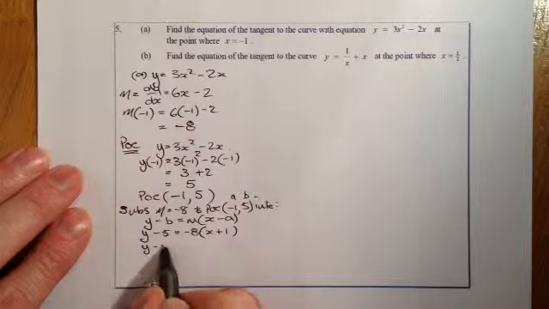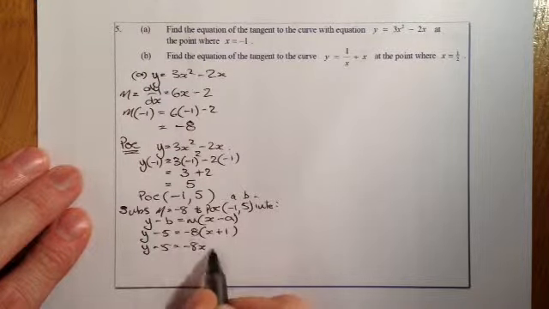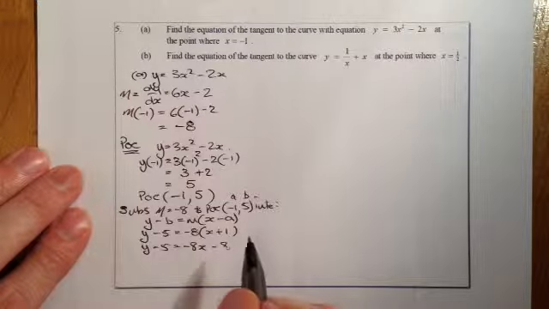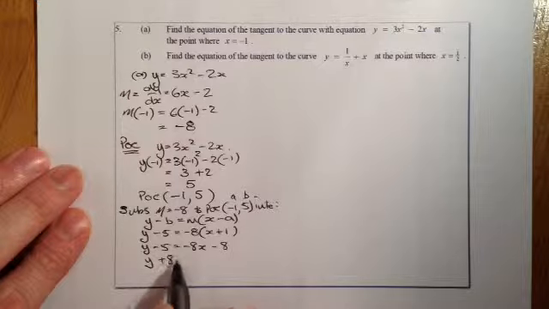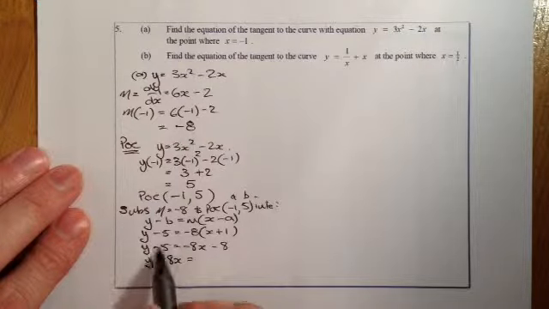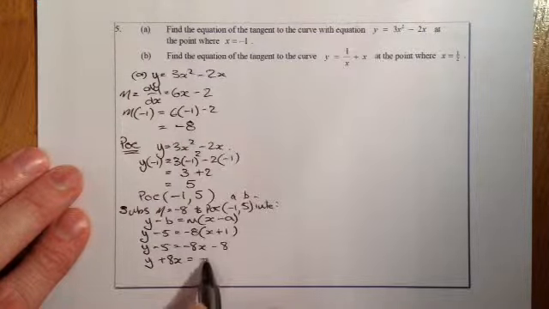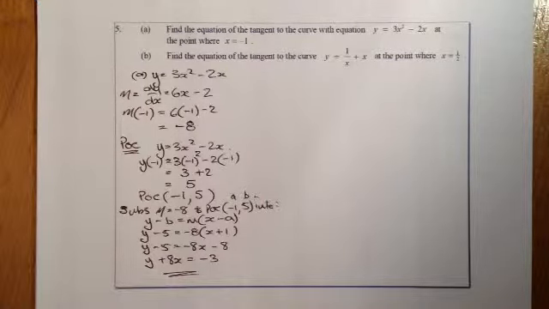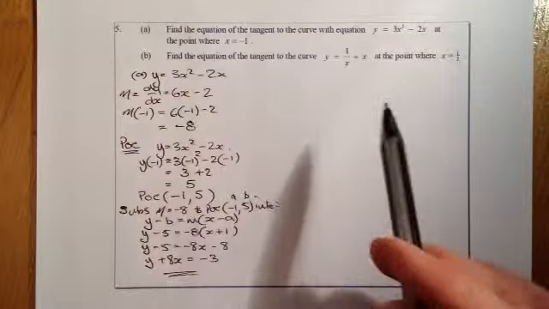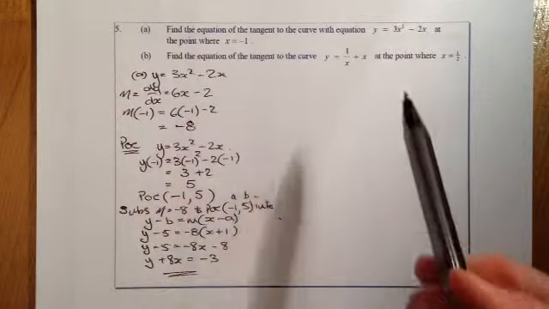That'll be minus 8x, minus 8 there, and I'll gather the x over to this side. So y plus 8x is equal to, taking that 5 over to that side, minus 3. So that would be my final answer. That's the equation of the tangent to the curve when x equals minus 1.